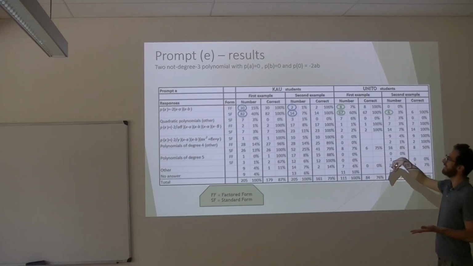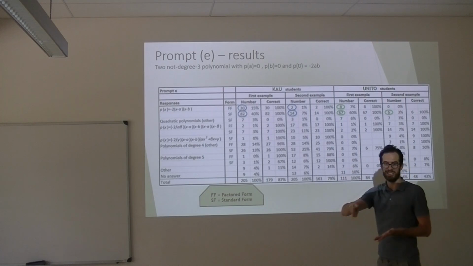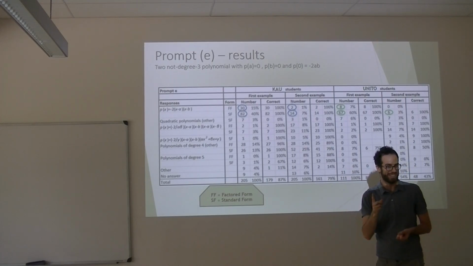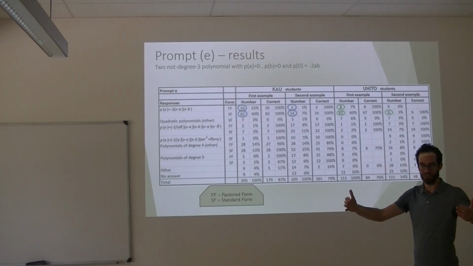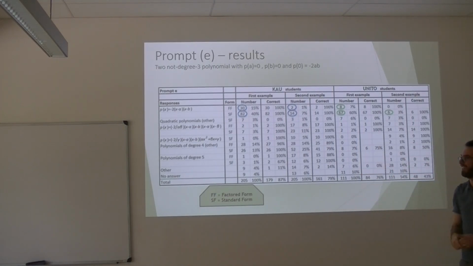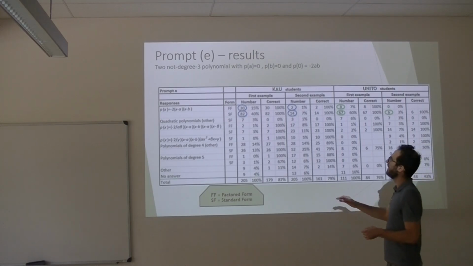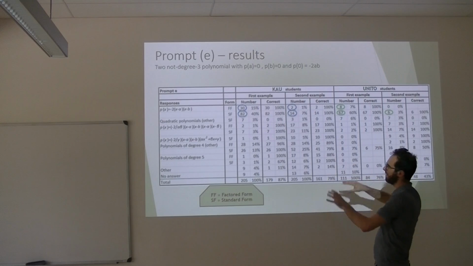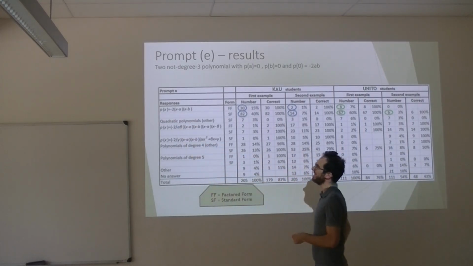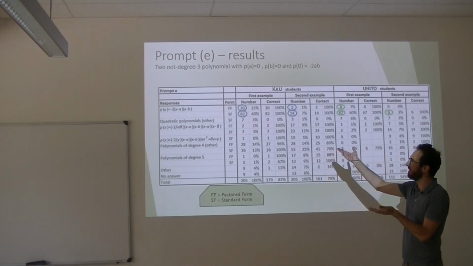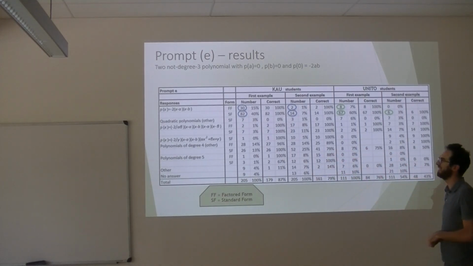And of course, there is one simple answer, which is that there is only one degree 2 polynomial that does it, but we ask for a second example in order to make them go also on the 4th degree polynomial. So among the, it's a little bit blurry, but it's okay. On the possible responses, we have the only degree 2 polynomial that has these properties.